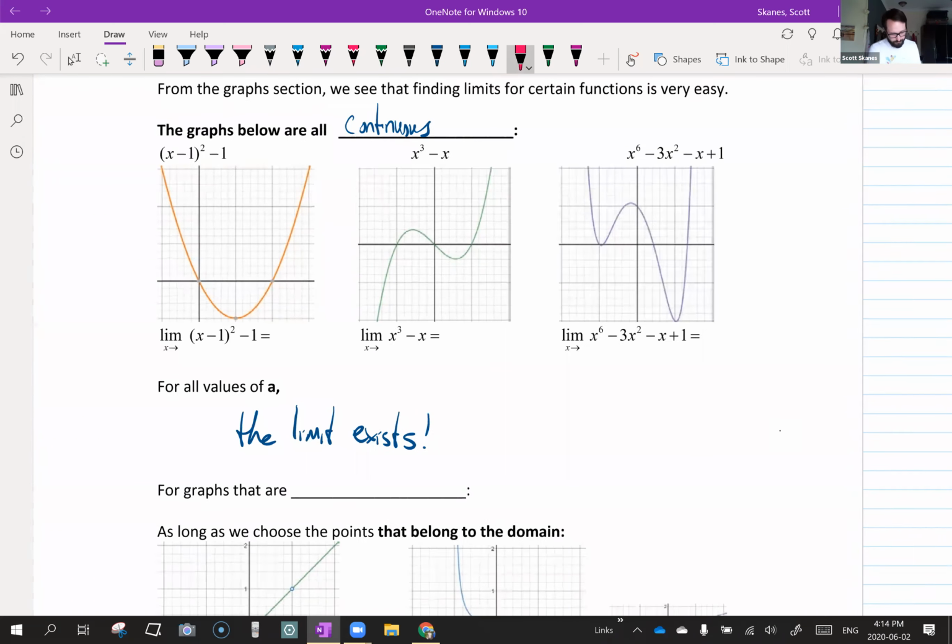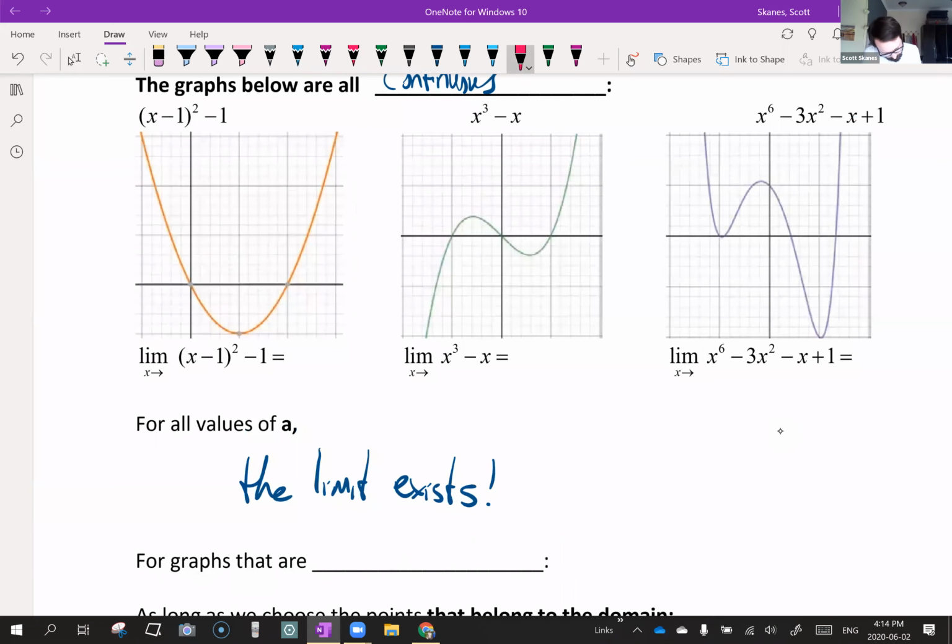You can put in any x value, so let's just say 2. Put 2 into this, put 2 minus 1, square it all, take away 1, it's 0. For the next one, let's put in negative 1. You just directly substitute it. If you put negative 1 into this, you get a 0. You can check it yourself.